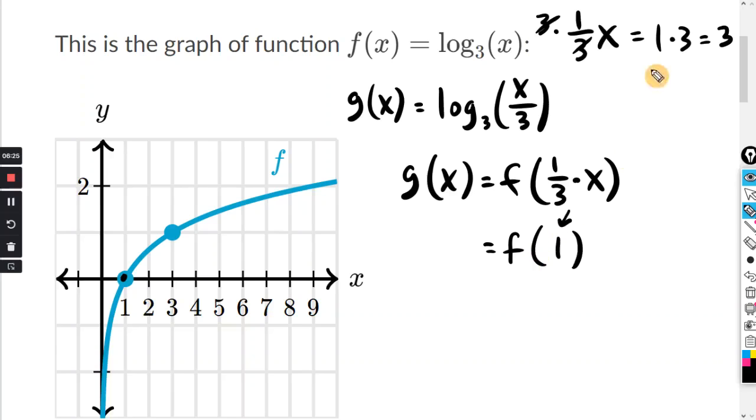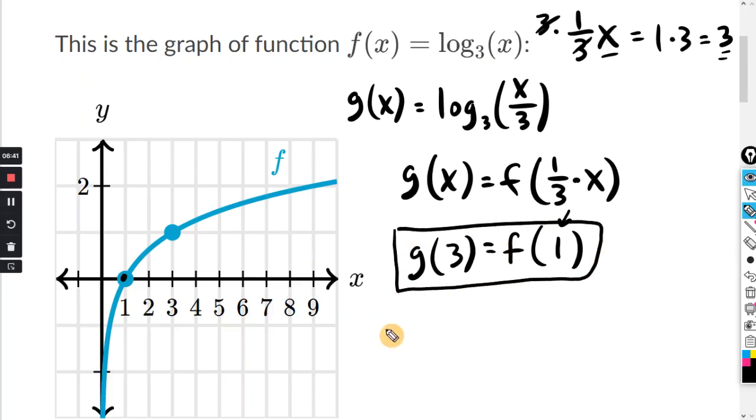All right, so if x equals 3, then g of x is going to be g of 3. So g of 3 equals f of 1. And then I will do the other point. Again, this is the f function, and this is at x equals 3. So f of 3 is going to equal g of something.